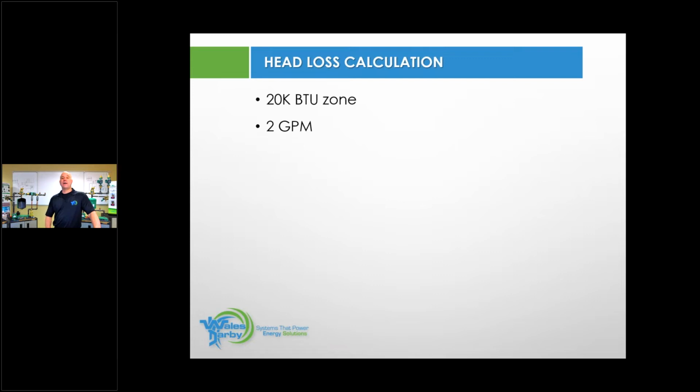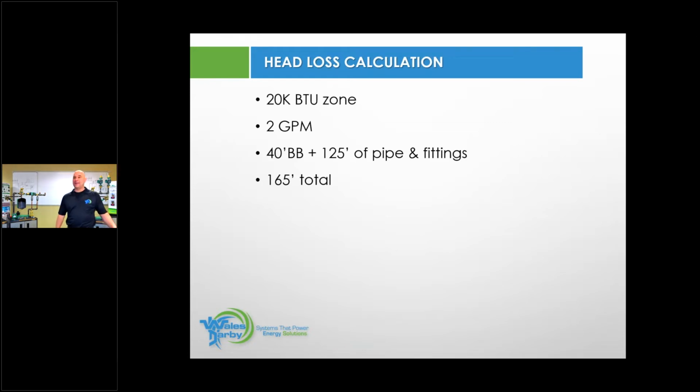Using the universal hydronic formula, you can work this backwards, that will require 2 gallons per minute of flow. You have 40 feet of baseboard and 125 feet of pipe and fittings, so that gives you a total equivalent length of 165. With that 165, I would like you to calculate the head loss of that heat circuit and fire those answers into Jim, please.